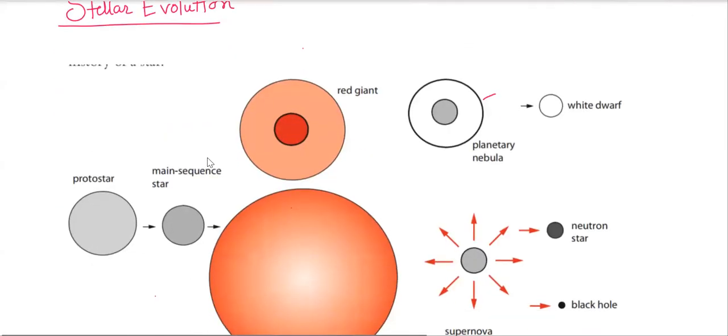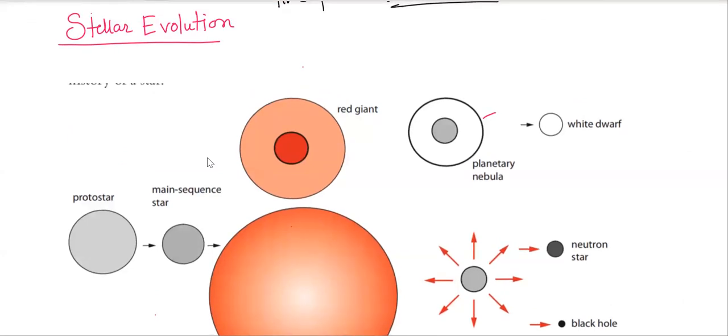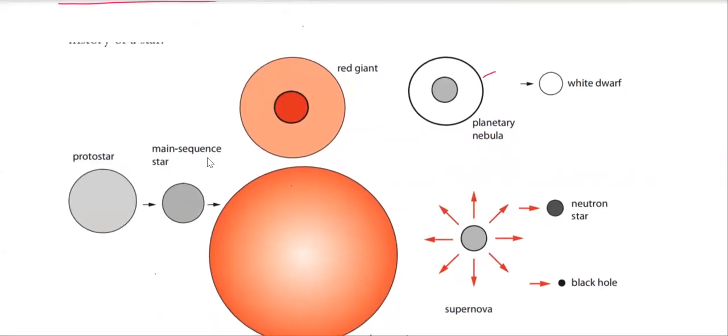Now we will talk about stellar evolution. Stellar evolution is a very important process. So how does a dust and gas cloud convert into something that is a protostar?